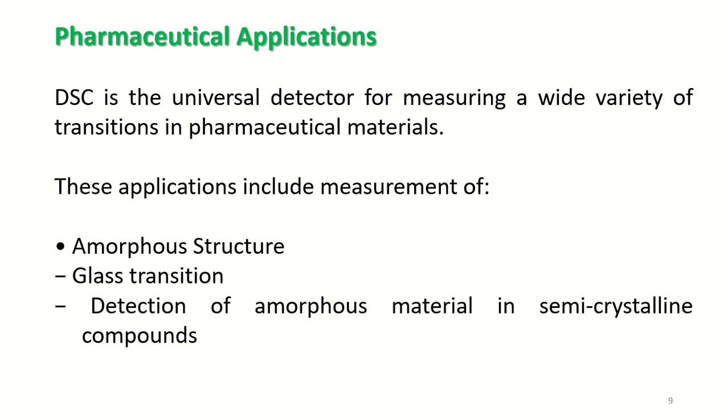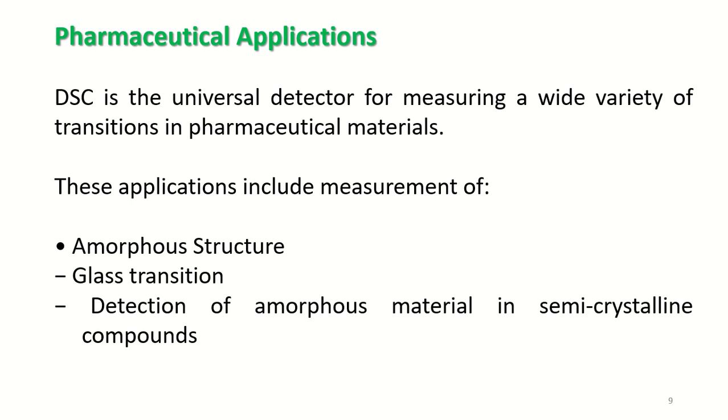For example, in last lectures we studied phase transition materials. If one compound has a phase transition property, for example, at about 250 Kelvin, then we can say that this particular compound has different structures below and above 250 Kelvin.